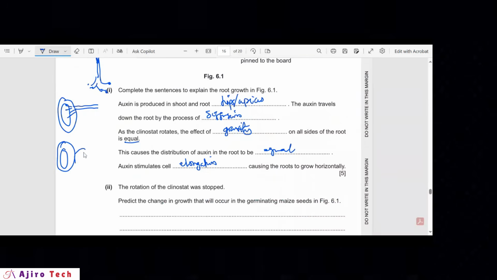The root would have bent if the clinostat was not rotating. Because the concentration of auxin on the lower side would have been more. But when it is rotating, concentration of auxin on both sides will be equal.